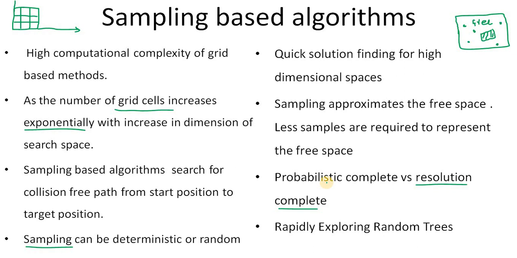So this algorithm uses a tree to search for a path in your configuration space. The second type of sampling based algorithms is the probabilistic roadmaps. These methods use a graph to represent your free space. They are different in that the first one uses a tree, and the second one uses a graph to represent your free space in the environment or the configuration space.